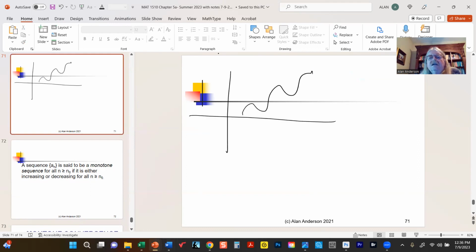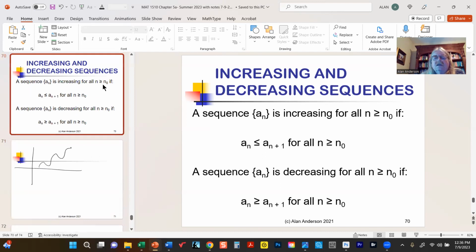What we're seeing here is, in some cases, the sequence continuously increases for every time n increases, like something like this. We fall into this category, no matter how far out we go. And I mean, it never decreases.